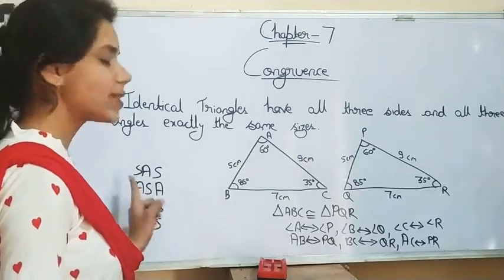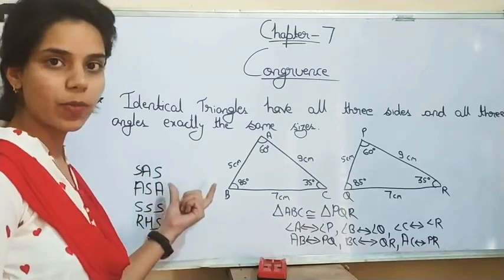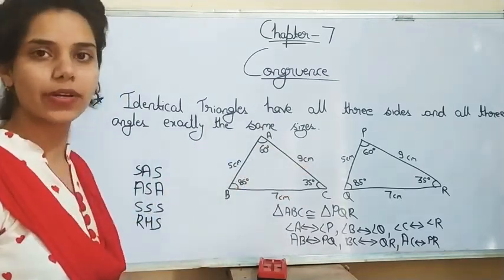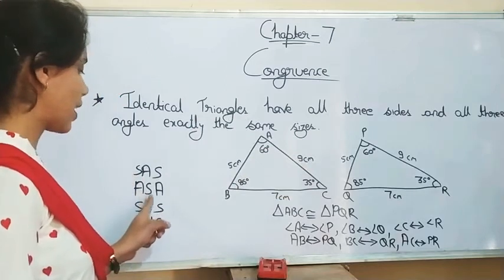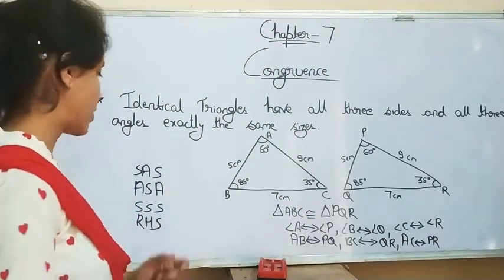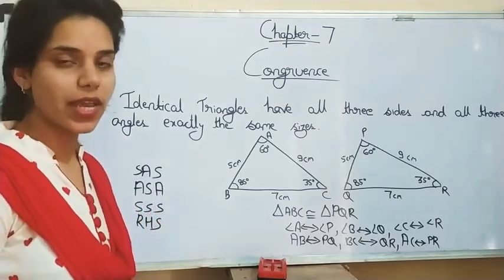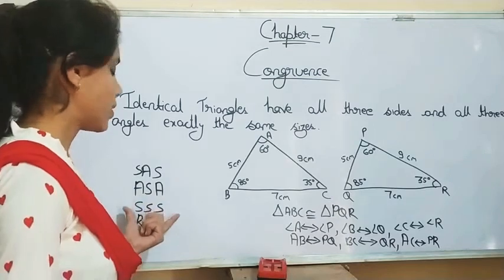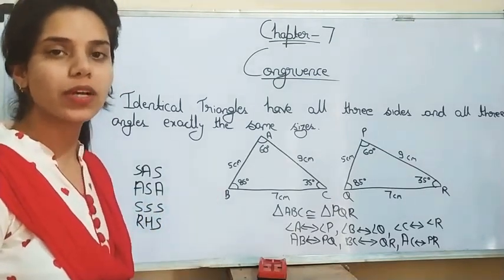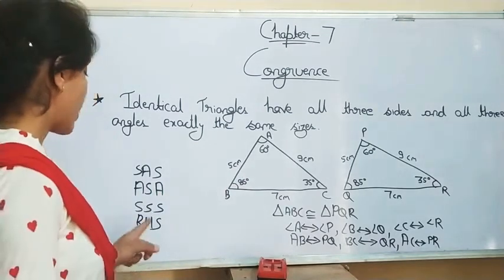If two angles and the included side are equal to the corresponding parts of another triangle, then the triangles are said to be congruent by the angle-side-angle criterion. Side, side, side: if all the sides of the first triangle are equal to the corresponding sides of another triangle, then those triangles are said to be congruent to each other.